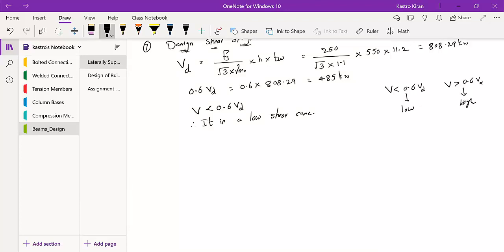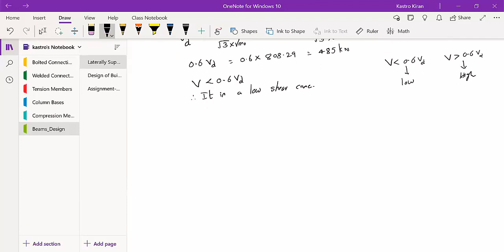For low shear case, you can find out the value of MD. Design bending strength MD equals beta b into Zp into Fy by gamma M0. And since it's a simply supported beam, this value must be less than 1.2 into Ze into Fy by gamma M0.